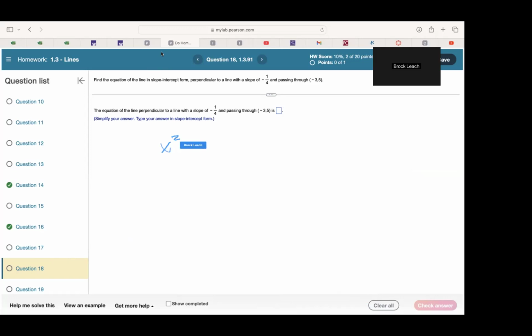X squared. I'm sorry, it's 8 squared cubed. Oh, 8 squared and then cube rooted. Okay. And it just said simplify this.